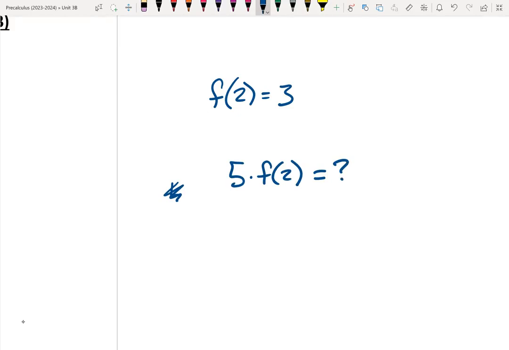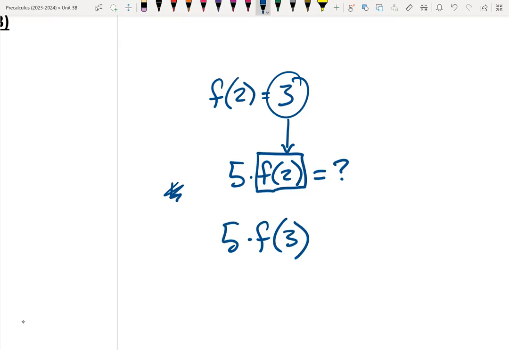Well, why 15? Because this gets substituted for all of this, and we just have 5 times 3. But if you're plugging in the value back into the function, you would be saying that this is instead 5 times f of 3.